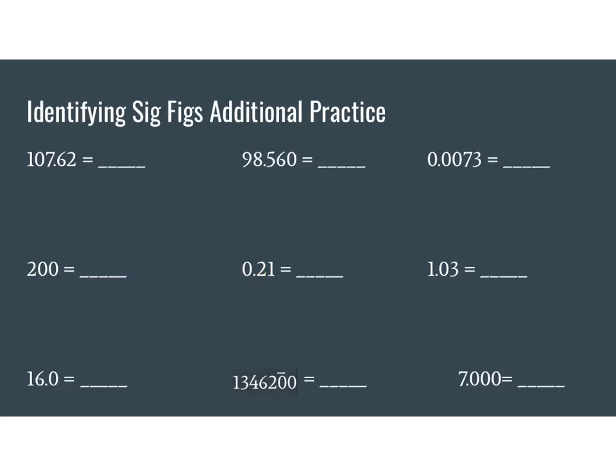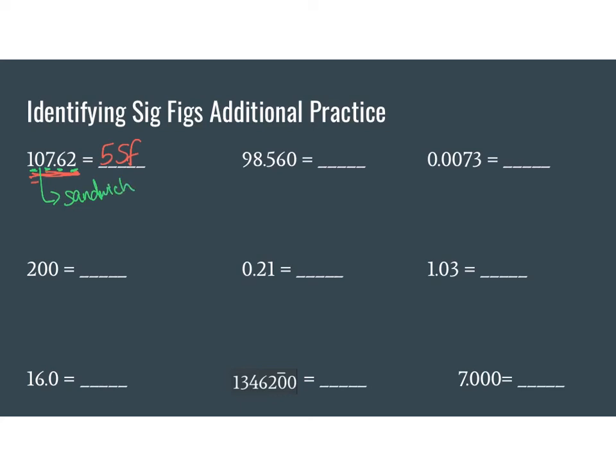So here is our last little practice problems that we're going to look at. Again, I just want you guys to identify how many sig figs you are seeing. So in this case, this value has 5 sig figs. The reason why that is 4 of those values are non-zeros, and this 0 is a sandwich.